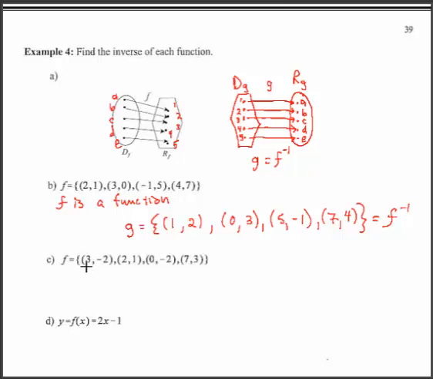Okay, C, we have inputs for F 3, 2, 0, and 7. Okay, so let's reverse these ordered pairs and call it G. We have -2, 3. We have 1, 2.